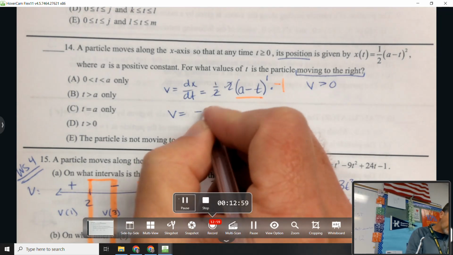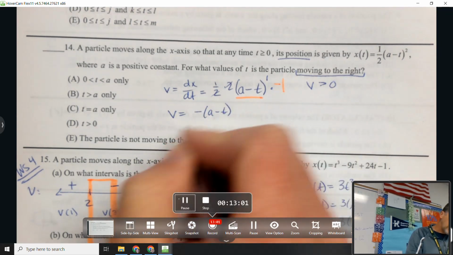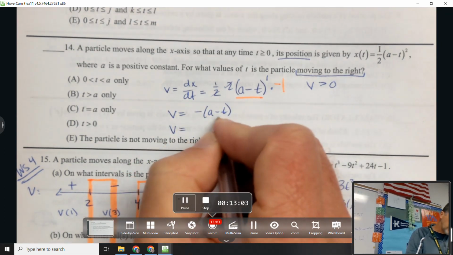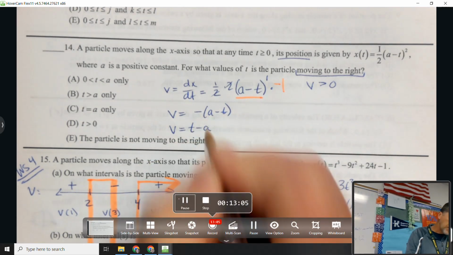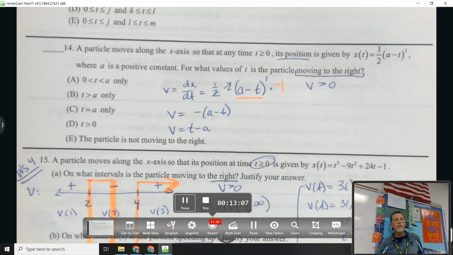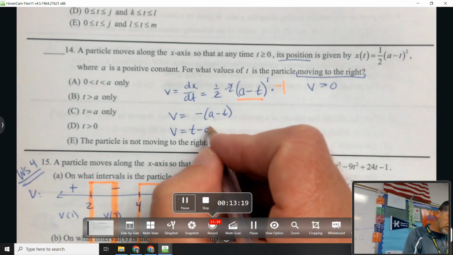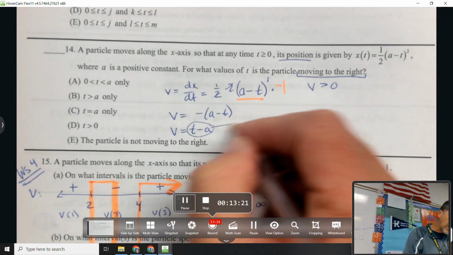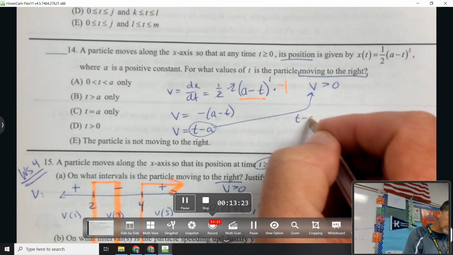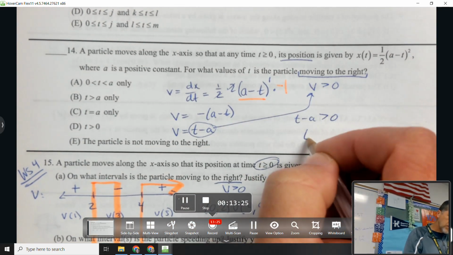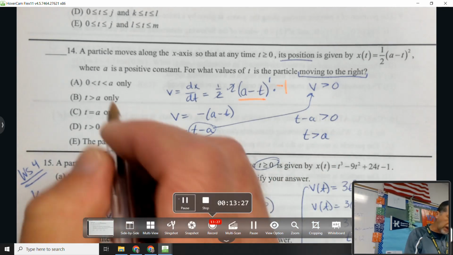So negative a minus t, or just t minus a. So one little calculus step, take one derivative, not even a hard derivative, and then I want velocity to be greater than 0, so I want t minus a to be greater than 0. So that means t needs to be greater than a.